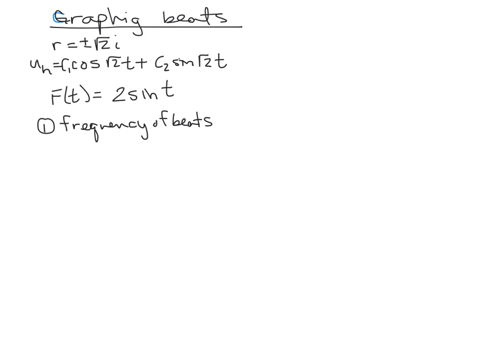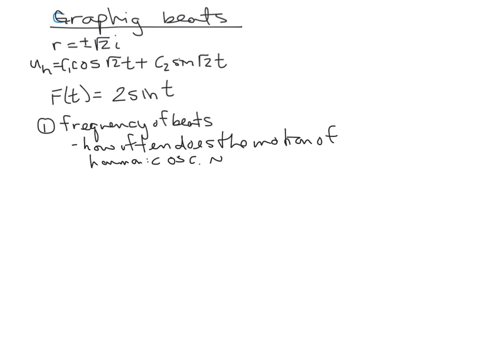And the question the frequency of the beats answers is how often does the harmonic oscillator, with its natural motion and the forcing function, so all of this combined, how often does the motion of the harmonic oscillator repeat?